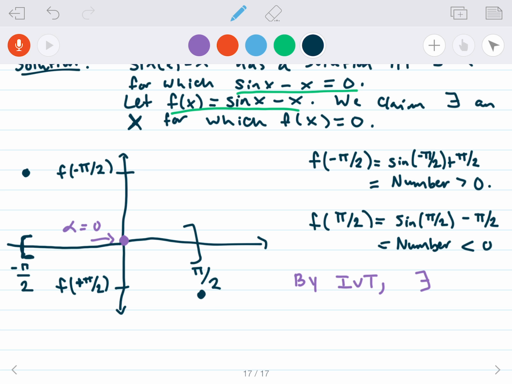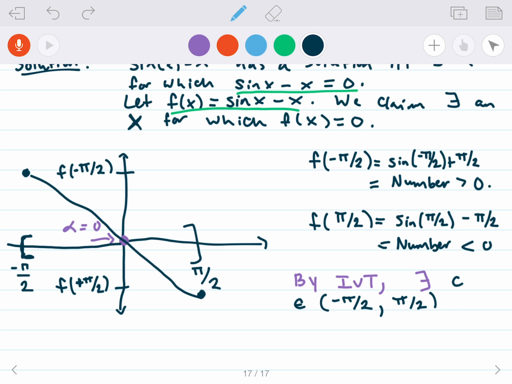And so by the intermediate value theorem, I have to cross 0 somehow to get to f of pi over 2. There exists c in negative pi over 2 to pi over 2. And it might not be c equals 0.